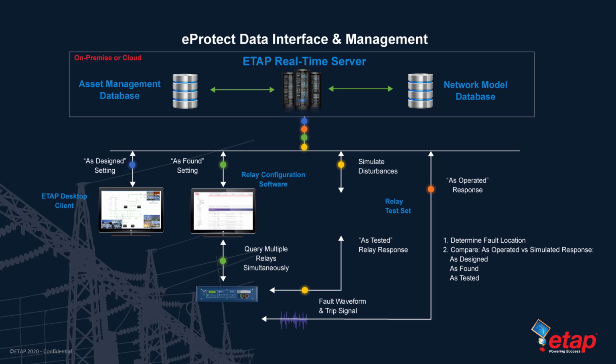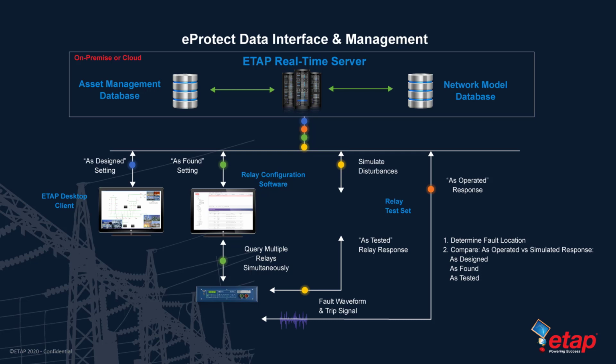Looking at your as-found settings, you extract the settings from the relays themselves and validate that they are accurate and make sense. You have your simulation, your as-tested, where you can run your test sets against the relays. You can upload the settings into eProtect, as well as validate the response using ETAP digital twin studies.